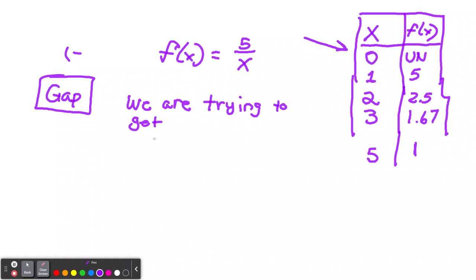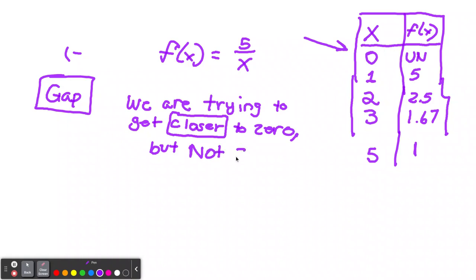Sometimes it'll be a different number, but for this specific function, we're trying to get closer, little box around it, closer to 0 without going to 0. But not 0. Anything close to 0, but not 0. And that's the limit. The limit is not getting to 0, but getting closer to it.